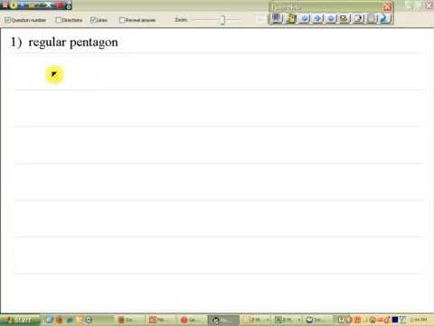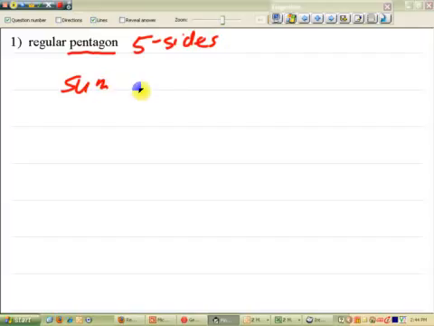So first thing we have to do is figure out that a pentagon has 5 sides. We know that from our notes, and we should just know that because it's basically common sense. So if a regular pentagon has 5 sides and they want to know the sum of all interior angles, then we use the formula that we learned that's on the study guide.